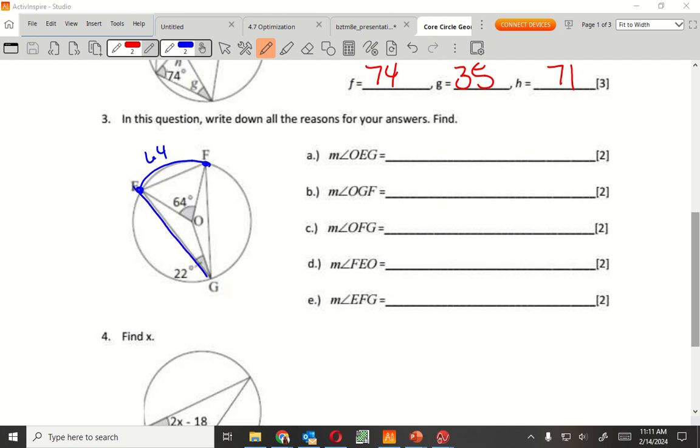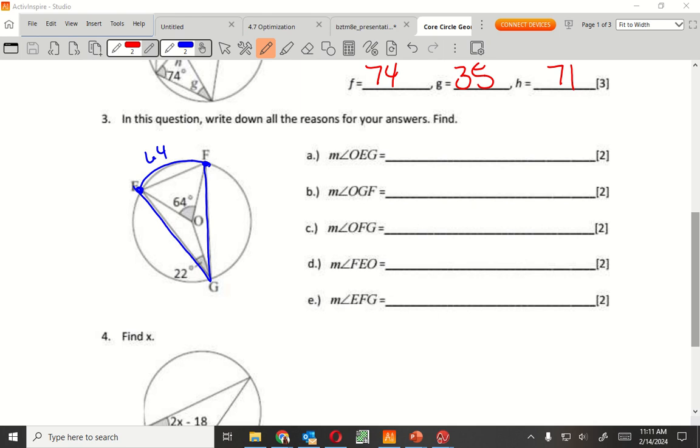Now, using the information I have, angle G over here is what type of angle? It's inscribed, isn't it? Is angle G down here on the edge of the circle? Yes, it's inscribed. What do we know about inscribed angles? They are half of my arc.